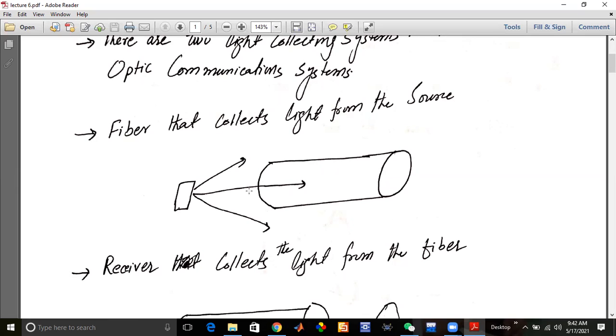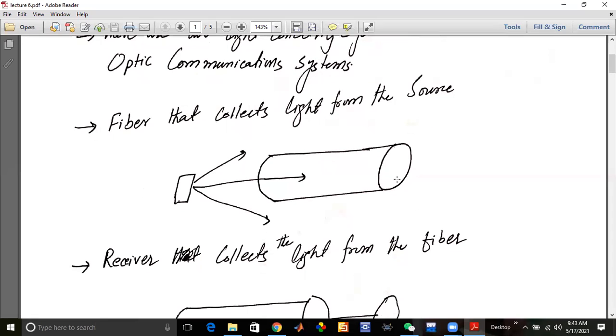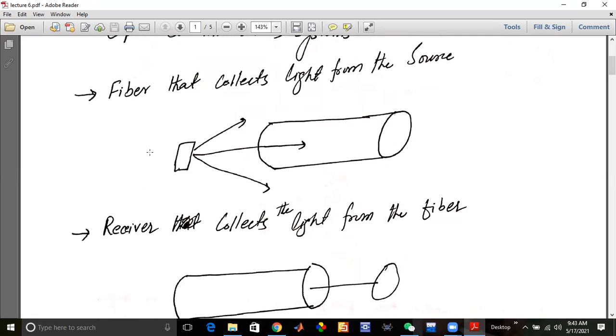In the previous class we used the spherical lens: by using the spherical lens, all the light of the radiated cone goes into the accepted cone, and this accepted cone is accepted by the optical fiber and then travels in the optical fiber.